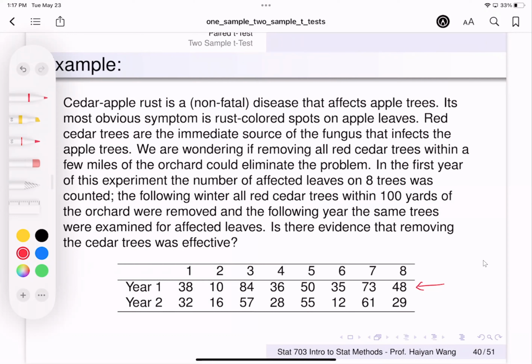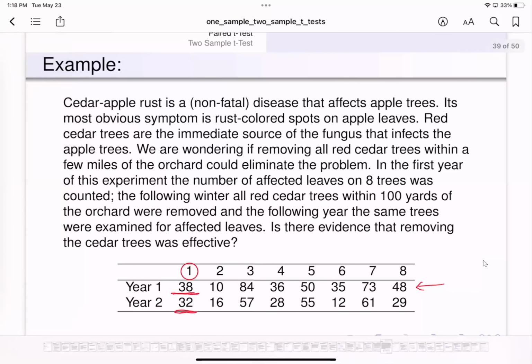Any cedar trees within 100 yards of the orchard were removed, hoping that removing them could help reduce the rust. So basically what we have for each orchard is before removing the cedar trees and after removing them, so that's paired data.